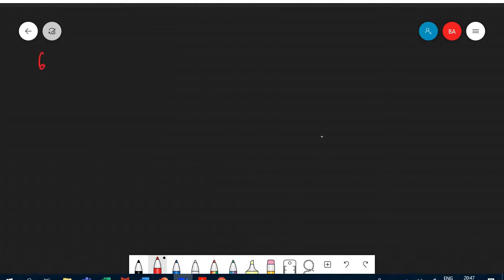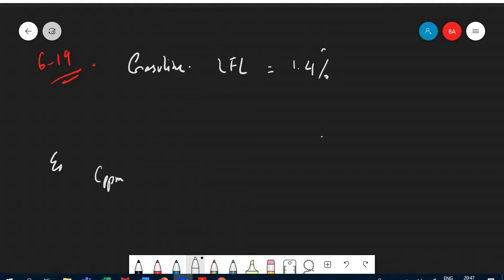So what do I have here? We have 6-19, and let's start solving 6-19. If I'm going to start with gasoline, I want to start with the LFL value. If you go to Appendix B, you can find that it is 1.4%. And here is the equation that we're going to be using later, which is equation 3-24.